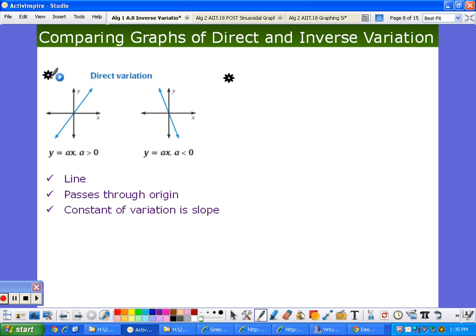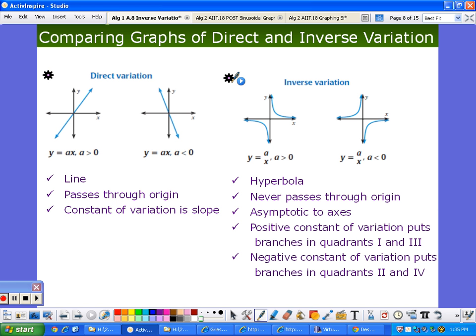So let's look at graphs for direct and inverse. Direct, I have a line going through 0. It passes through the origin. The constant of variation is the slope. Now what's going on with inverse? I can have branches in quadrants 1 and 3, or branches in quadrants 2 and 4, but these are functions.